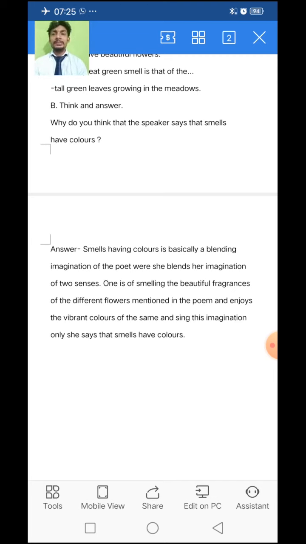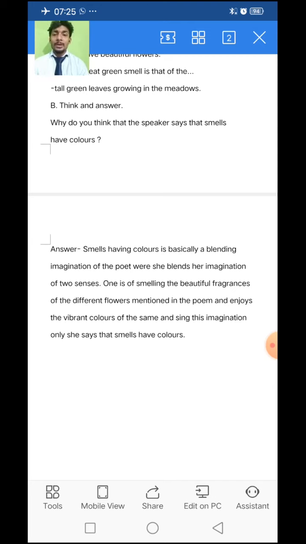We all know, my dear students, that we have five different senses that we have studied in science. Out of those five senses, the poet is not only using two different senses, but she is also blending, mixing both the senses for describing each of the elements in this poem.